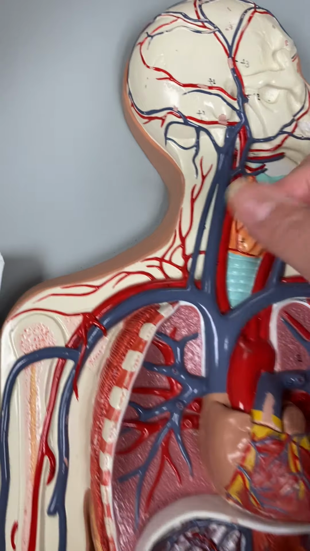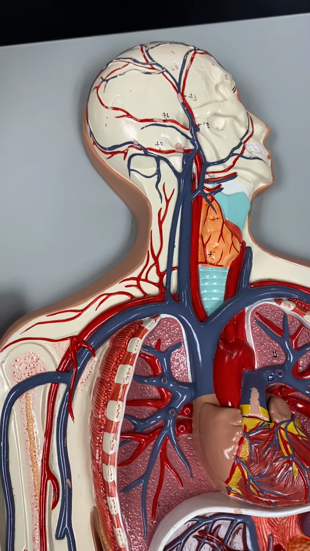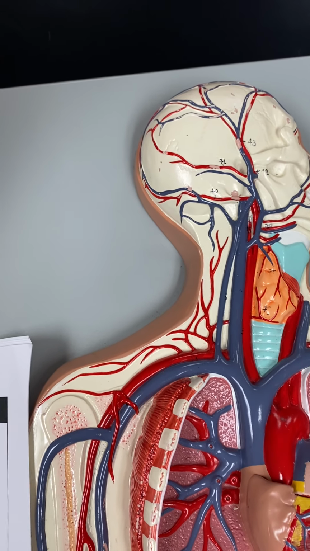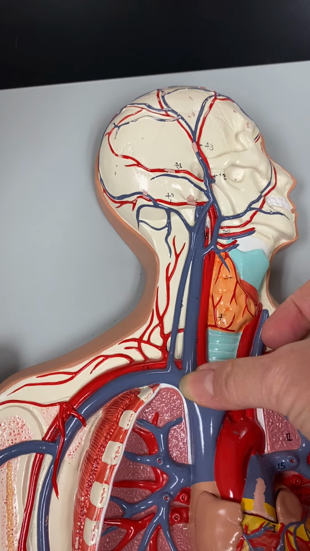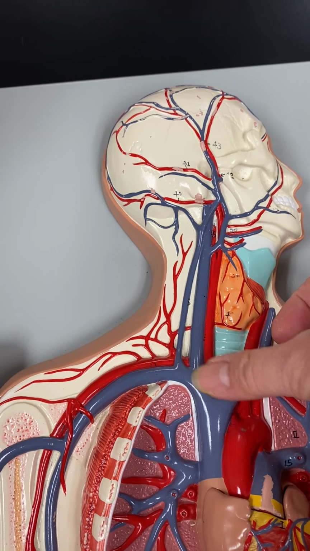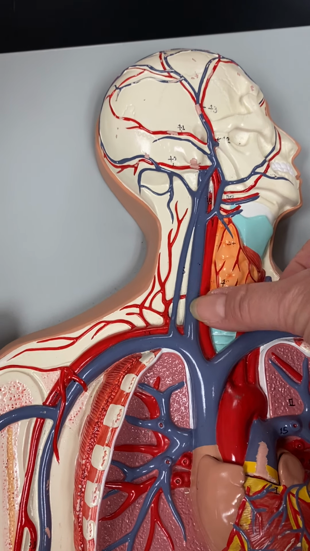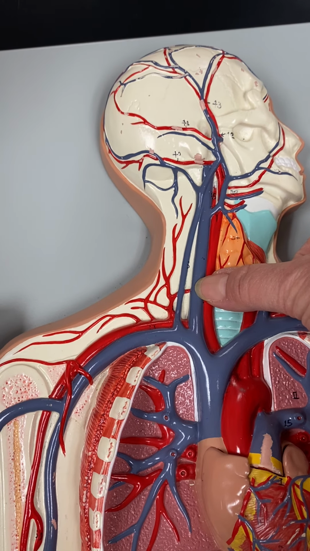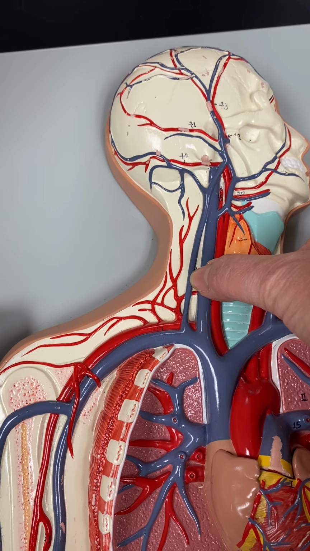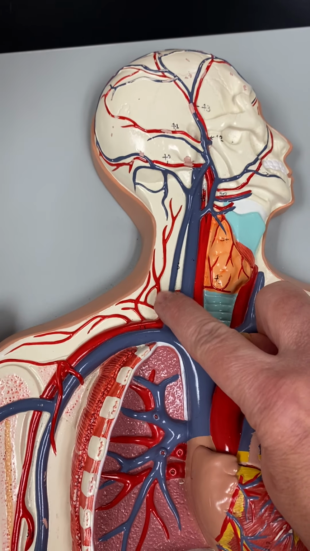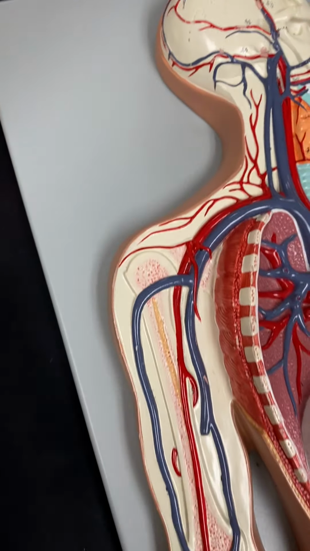So in the neck, the jugulars are one after another. They don't split. It's just two coming off of that brachiocephalic vein. So here, the bigger one is going to be the internal jugular vein, and this one outside here is going to be the external. So that is the jugulars.